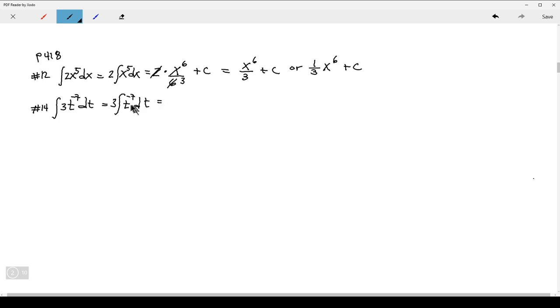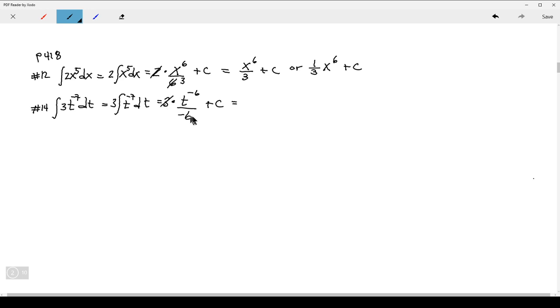So my power rule says, first I have to do that, right? I take my variable, I add 1 to the exponent. So when I do negative 7 plus 1, I get negative 6. And then you divide by that new exponent, plus c. And then reduce your fraction if you can.